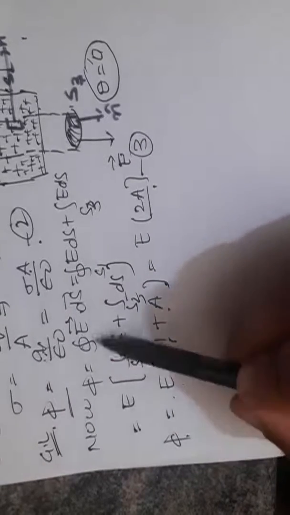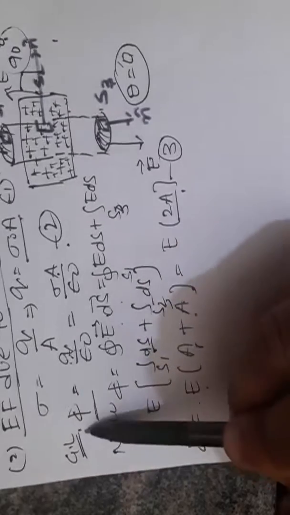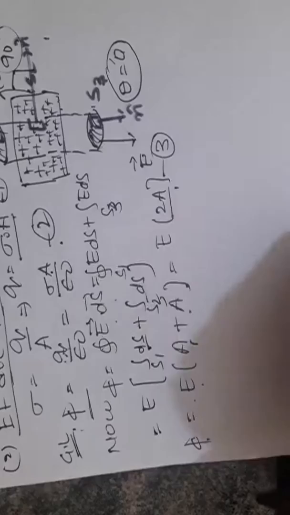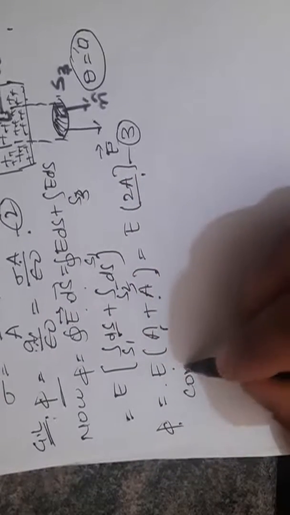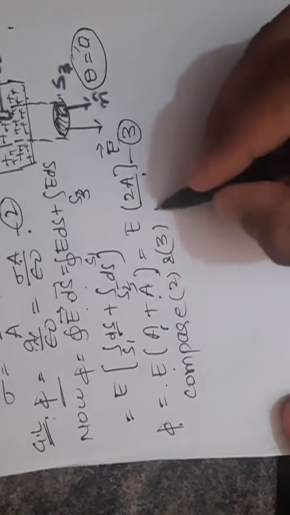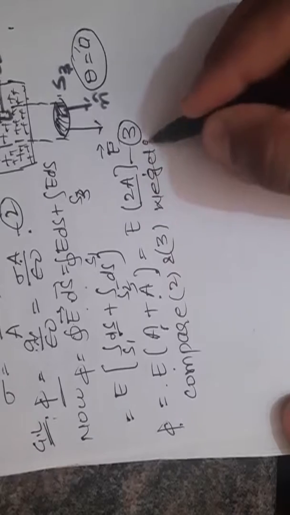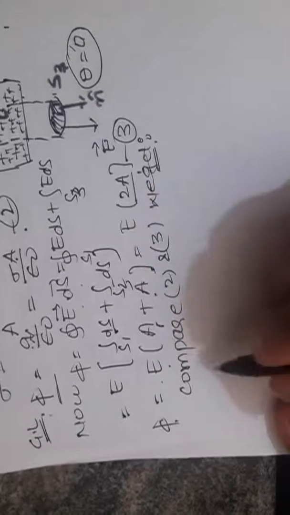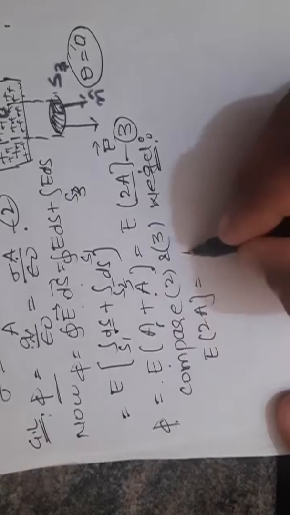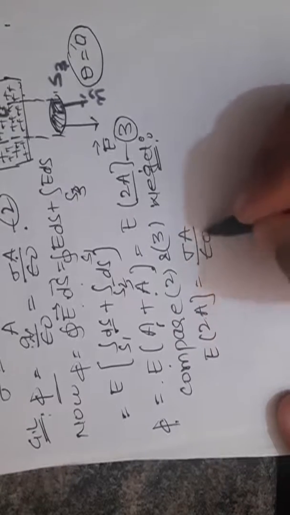This is the flux that we calculated by using the formula E dot ds, but this is the flux which is given by Gauss's law by substituting sigma A by epsilon naught. If you compare 2 and 3, what do we get? We get E into 2A is equal to sigma A by epsilon naught.